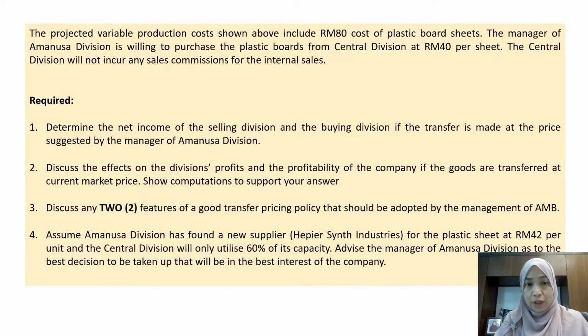Okay, now we read further. The projected variable production cost shown above includes 80 ringgit cost of plastic board sheet. The manager of Amanusa division is willing to purchase the plastic board from central division at 40 ringgit per sheet. The central division will not incur any sales commission for the internal sales. That means central division will incur commissions for external sales only.